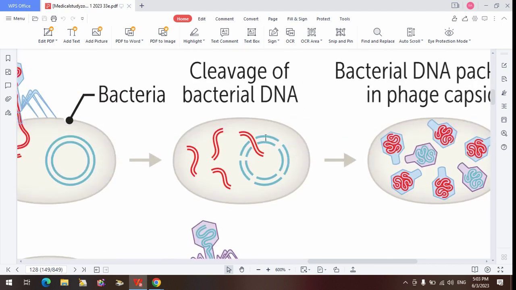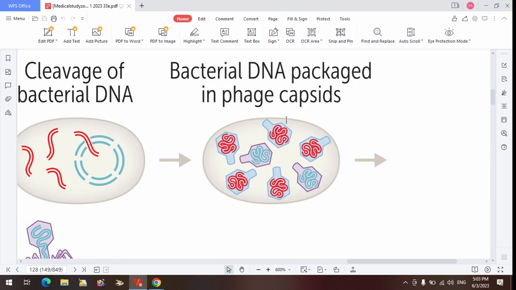because at the end of the day, when they replicate their own DNA, they are going to form protein, right? The protein is what forms the capsid, because we've said the capsid is protein. We call them capsid protein. Everything about the bacteriophage is just their DNA surrounded by a capsid protein.